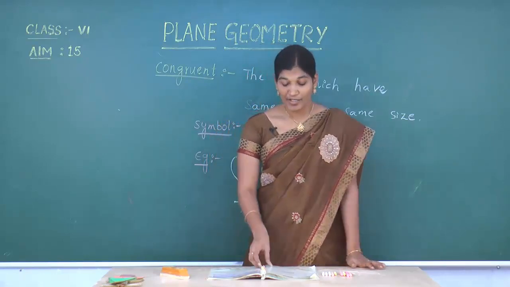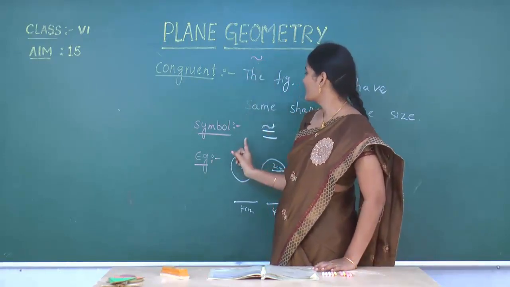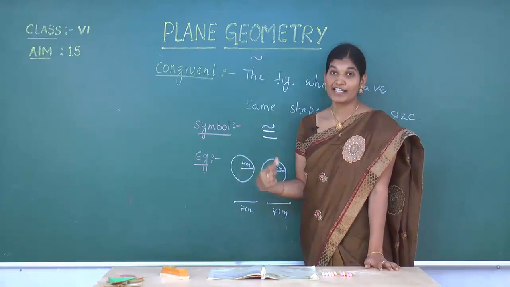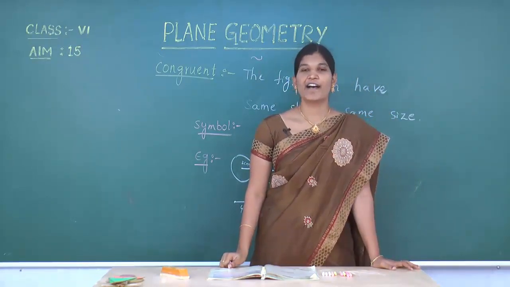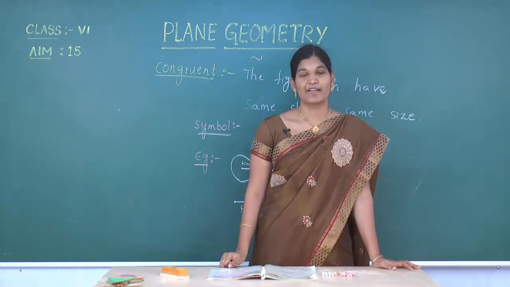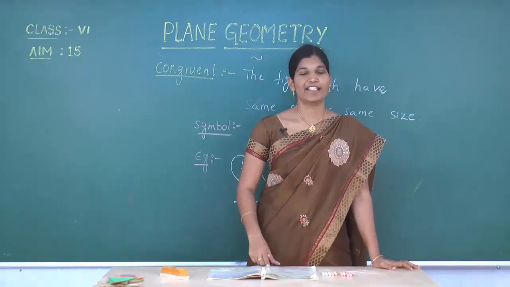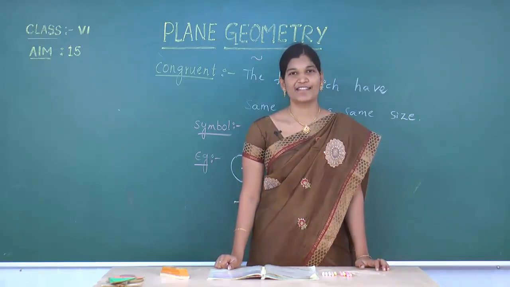The symbolic form of similar figures is this one, whereas the congruent figure symbol is this one. Here we can say all congruent figures are similar, whereas all similar figures need not be congruent.